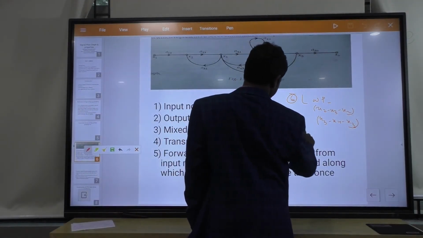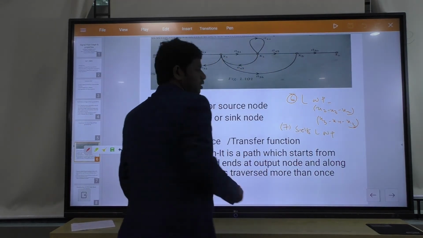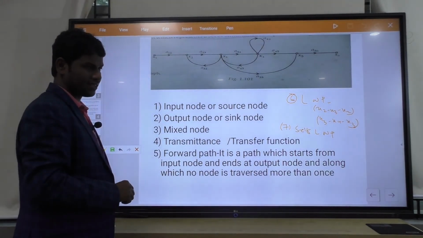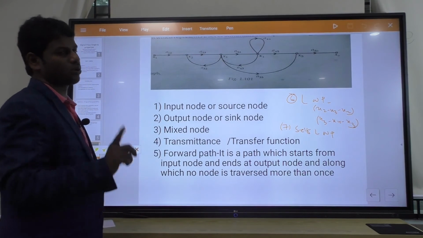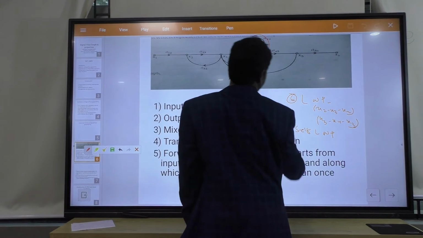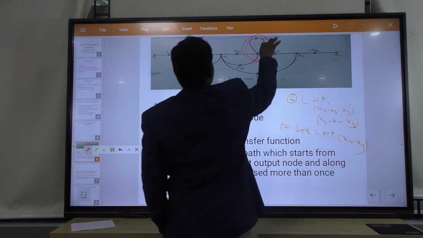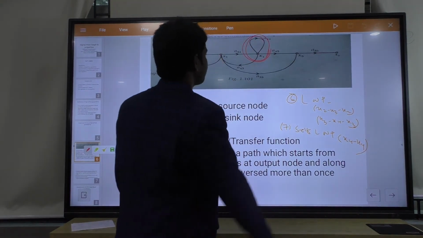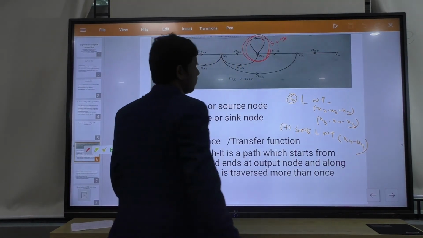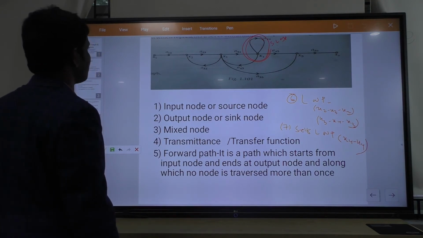A self loop means the path starts at a node and terminates at the same node. It starts and ends at the same node. Which node do you touch? Which node you start from, that node you touch again. Which one? Only x4: starting from x4 and returning to x4. It is a self loop. A self loop means it is a path that starts and ends at the same node.